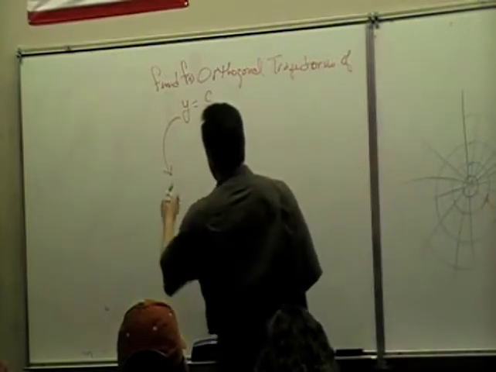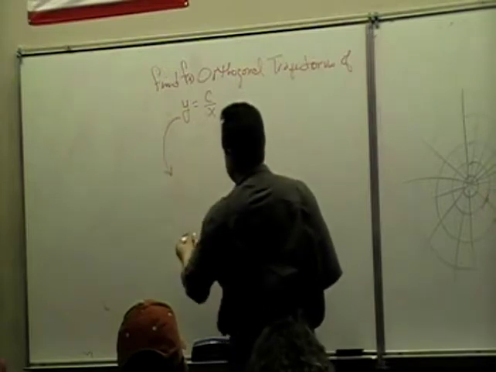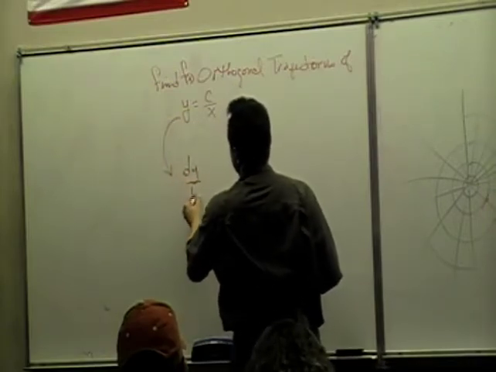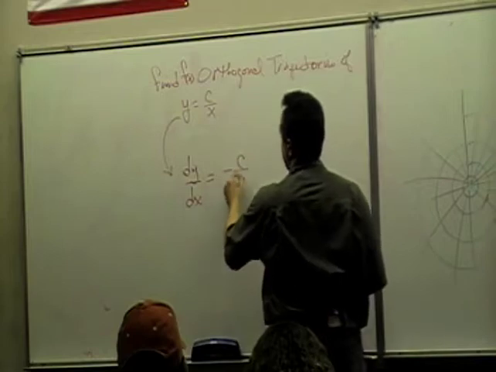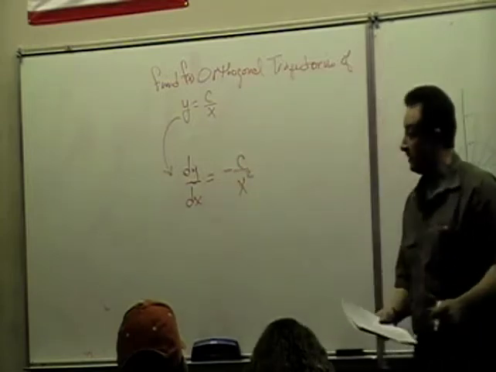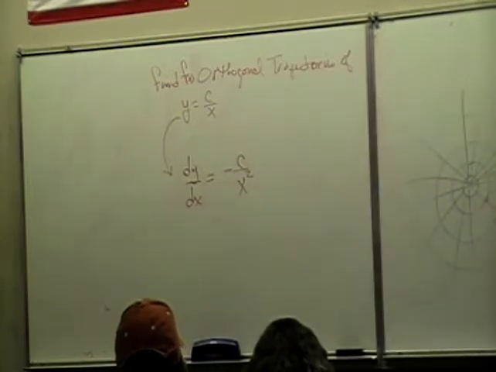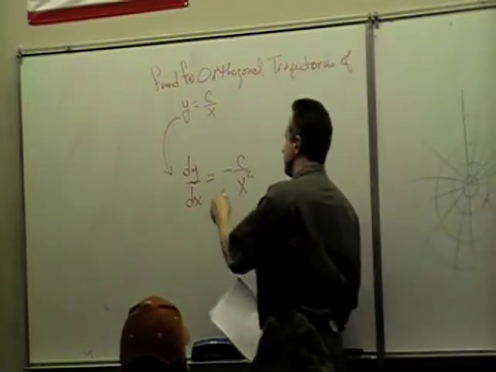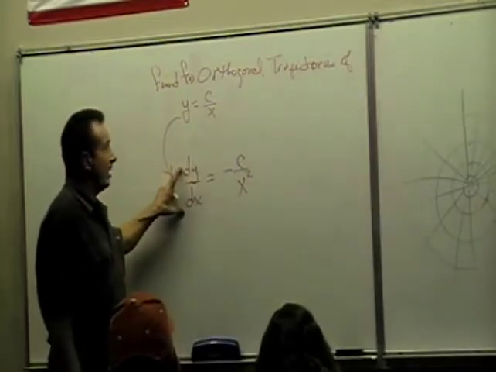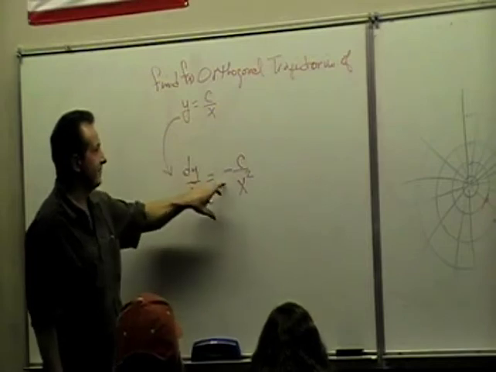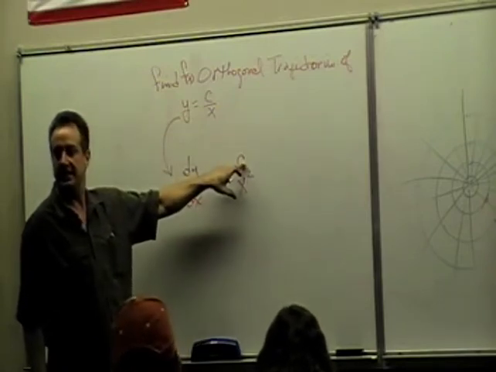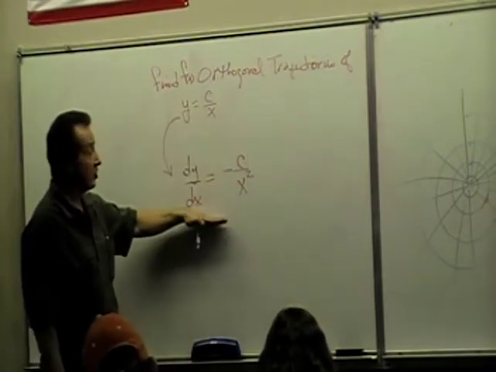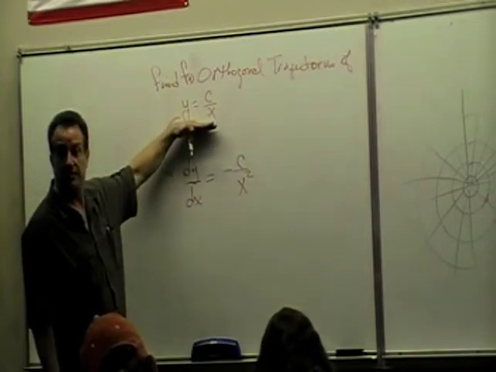Watch. Let's take the derivative of this. What's the derivative of this? Right? Now I'm going to go one step further. This is the slope of the tangent line to this curve, but it's in terms of c. I'm going to eliminate the constant and come up with the differential equation that this is the solution to.